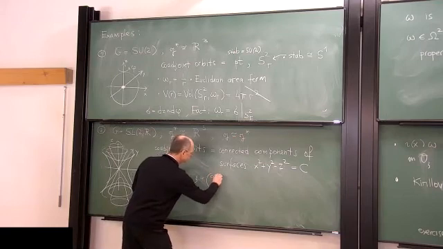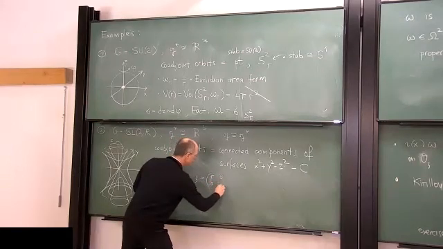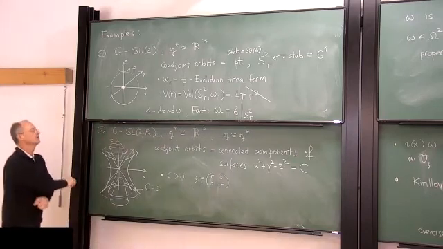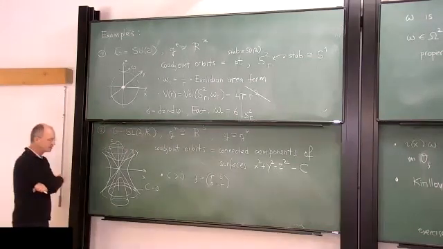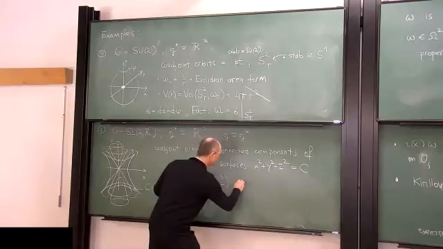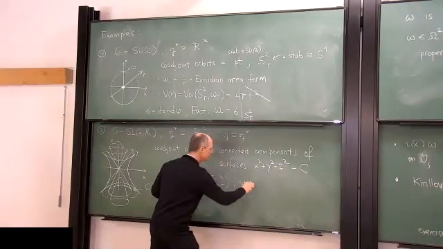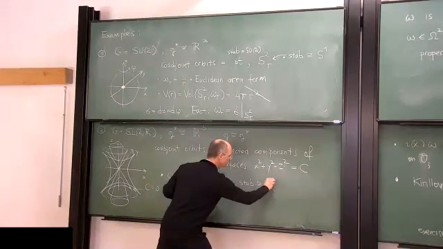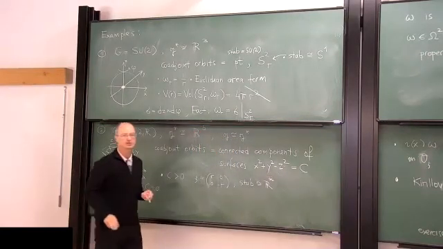And here I would choose something like this: a diagonal matrix of trace 0. And the stabilizer group will be isomorphic to R star.